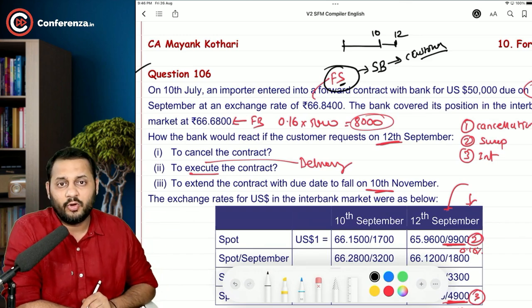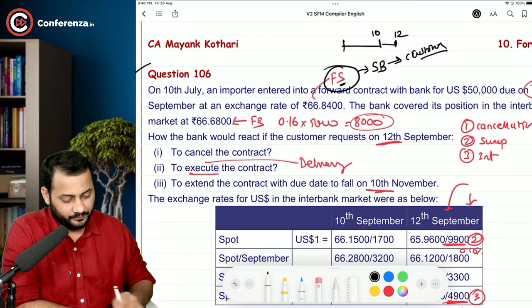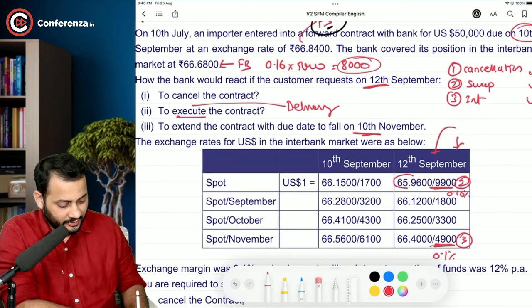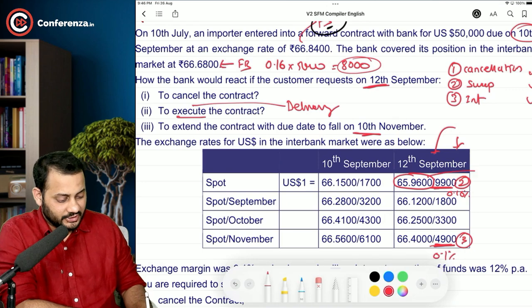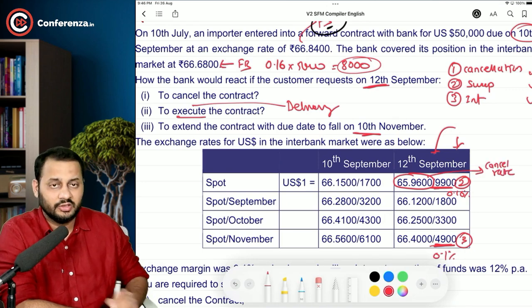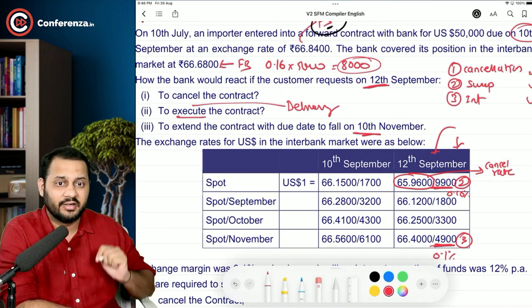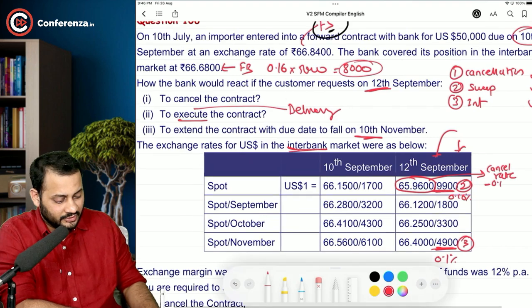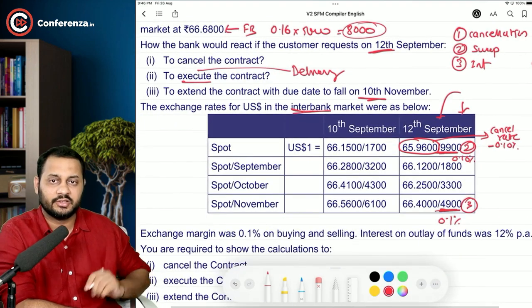Okay. Spot buy on 12th September. We are buying. Spot buy on 12th September, 65.96. This will be charged as a cancellation rate to the customer. But this is a bid rate, interbank market. We will deduct margin out of that, 0.10%.